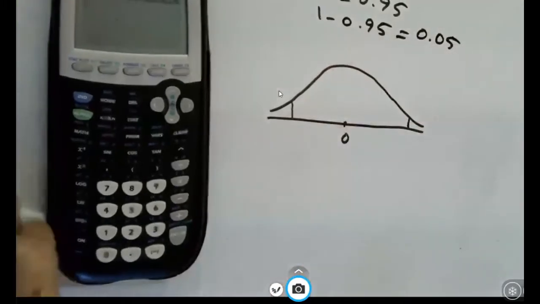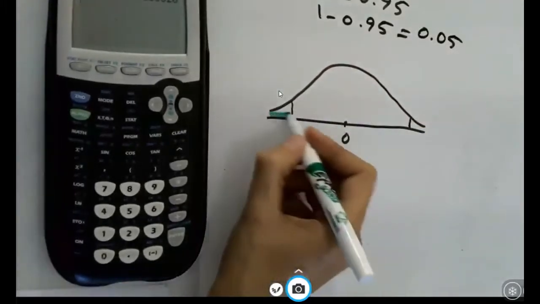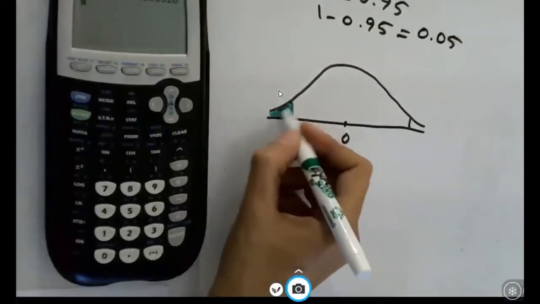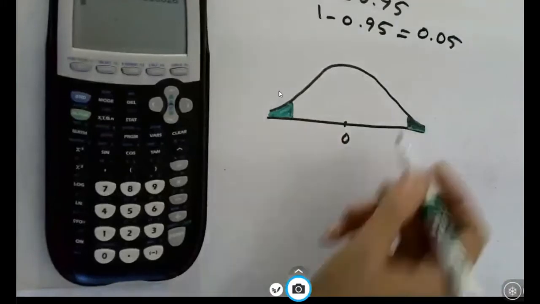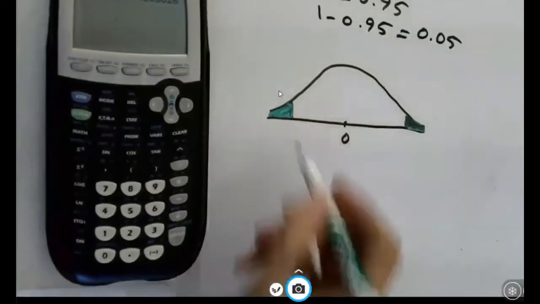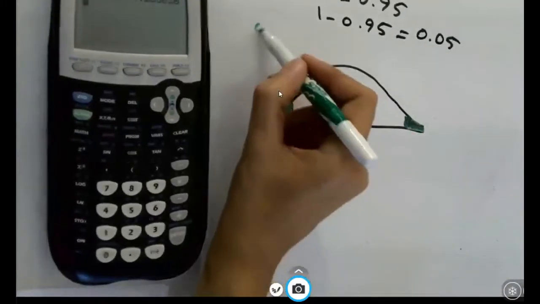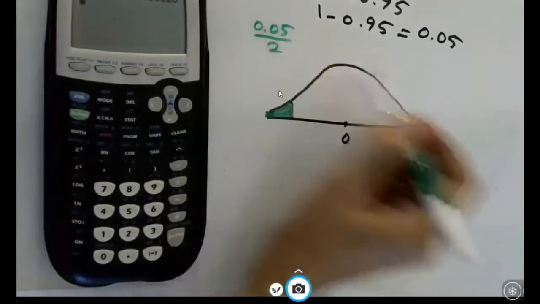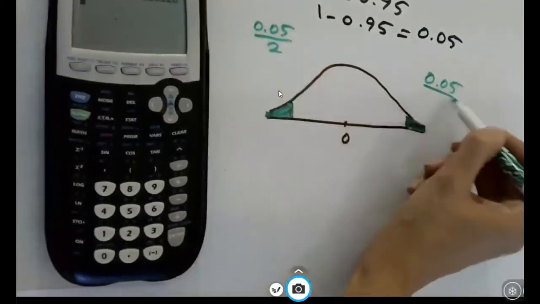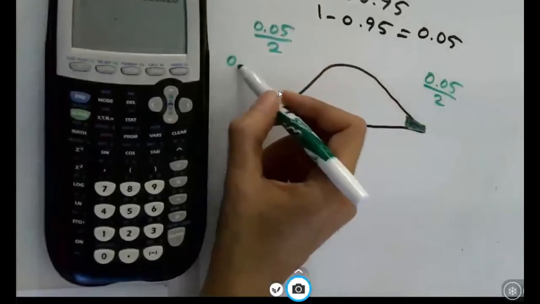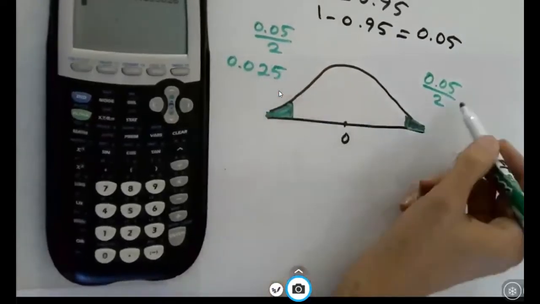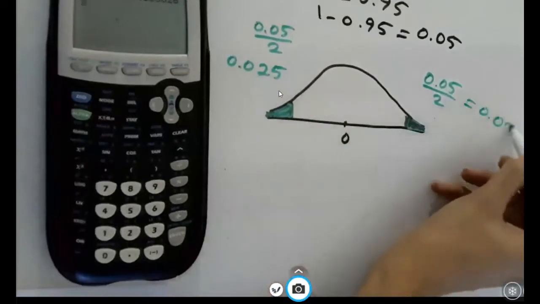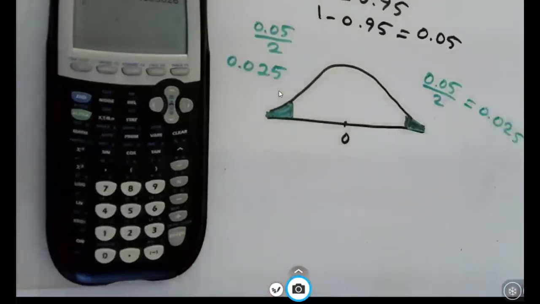So now we're dividing 5% into 2 equal areas. So 5% divided by 2 gives you 0.025. So what is the z value?